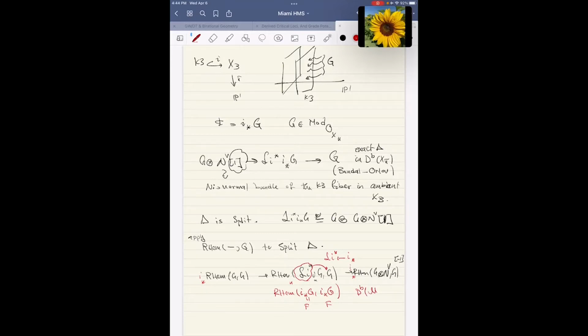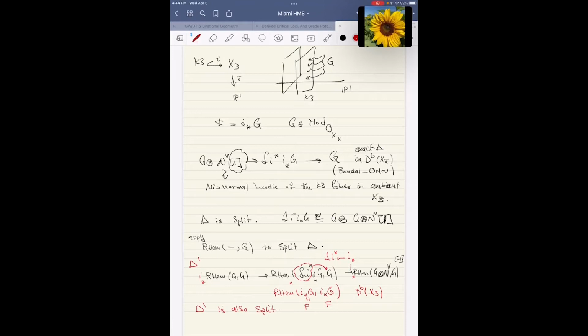Or, okay, if I'm doing it for one sheaf only, it's an exact triangle, not for a family of sheaves, but just for sheaves. It's an exact triangle in the bounded derived category of X3. Everything is now back in X3. And this exact triangle, let's call it delta prime. Delta prime is also split, of course, because delta was split.